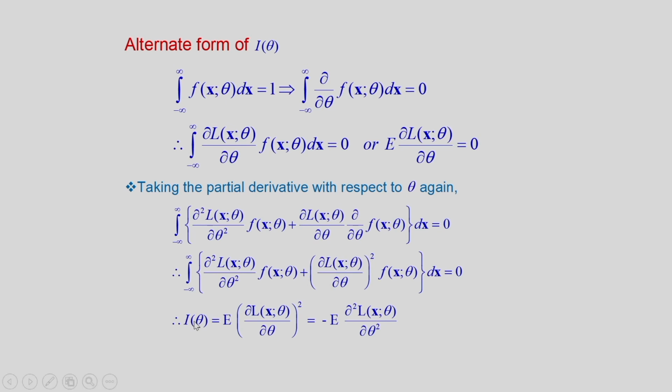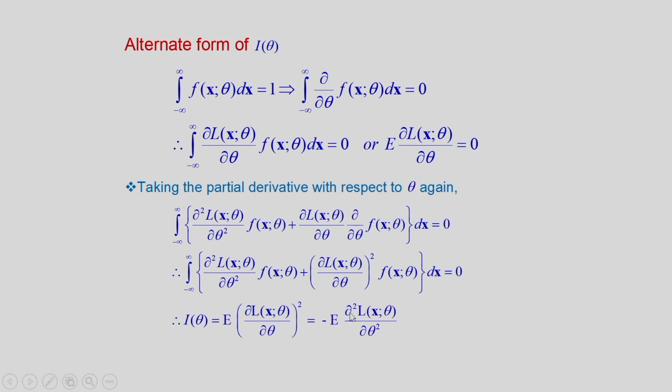So, therefore, I(theta) is equal to E of this quantity, and that must be equal to, if I take this quantity on the right hand side, it will be negative. So, that way minus E of del square L del theta square.